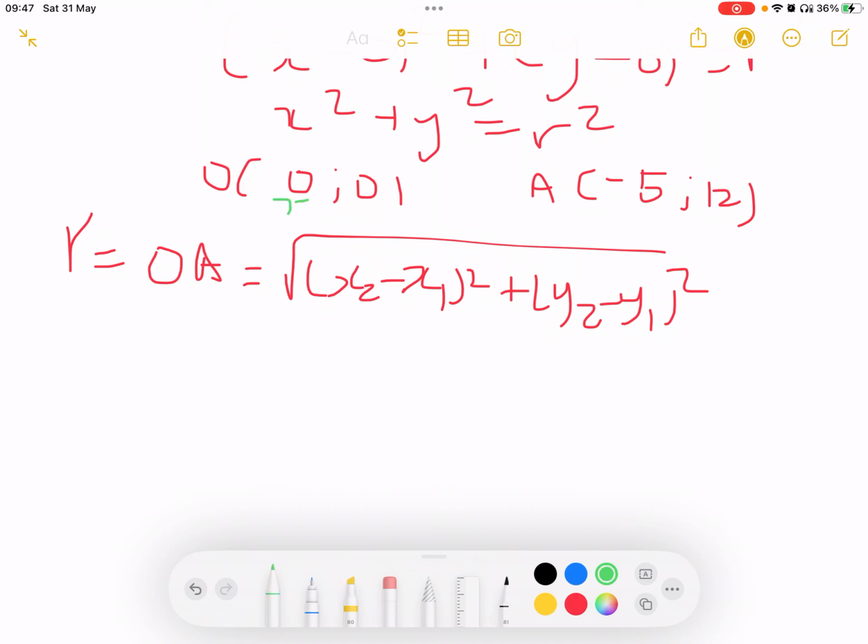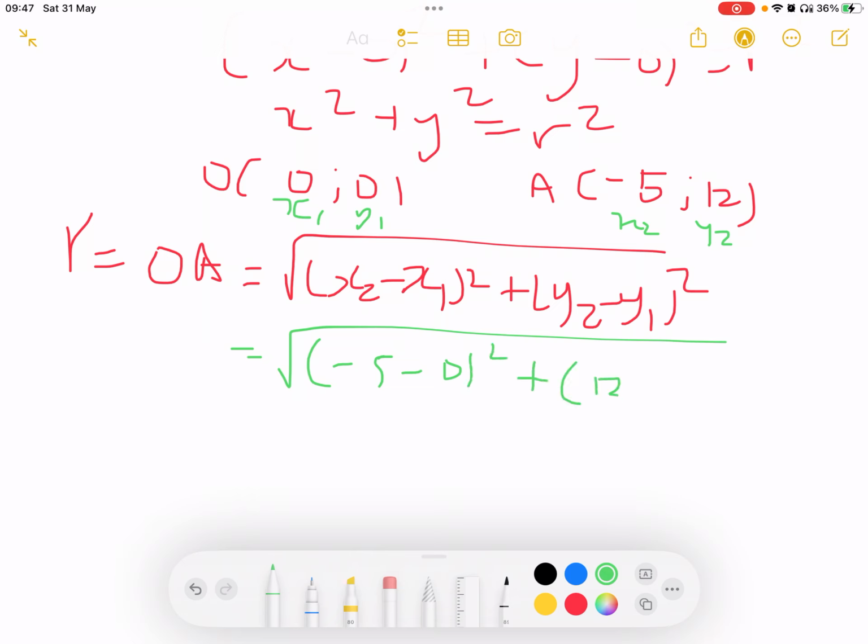You can check here it's x1, y1, and x2, y2. Then if you substitute in here, you get (minus 5 minus 0) squared plus (12 minus 0) squared. You can simply punch this into a calculator, and you get that r is equal to 13.